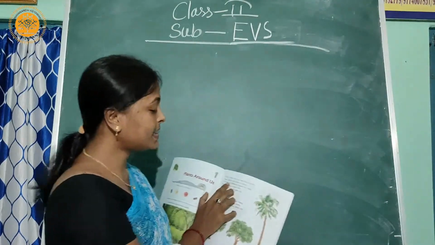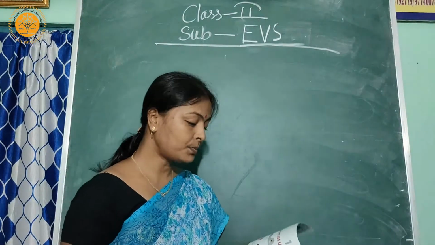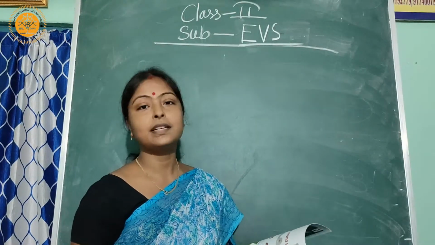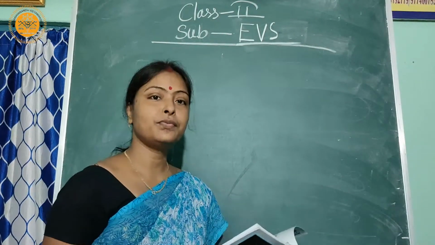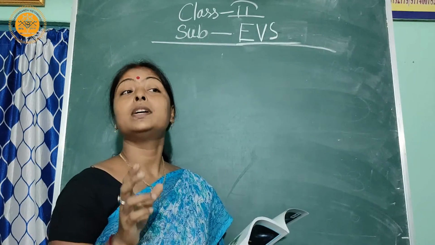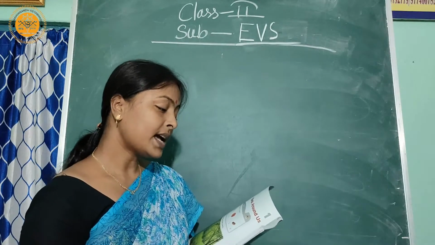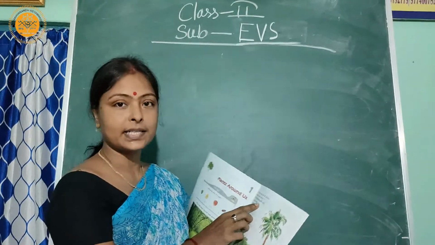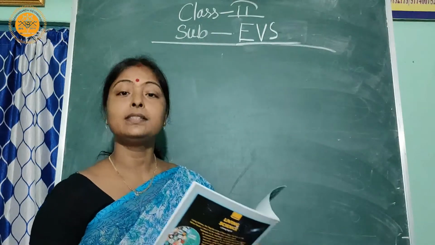What do we know? Visit a park. Here it is said, visit a park, you will see lots of plants. Most plants are green in color. Plants are obviously green in color. Some are also yellow, shades of yellow, and there is variety in the colors of leaves. They are of different shapes and sizes.